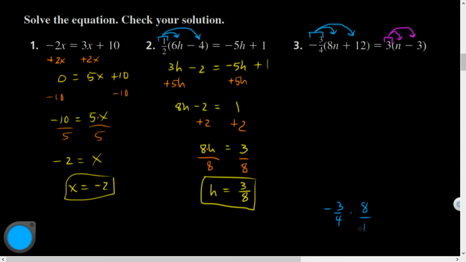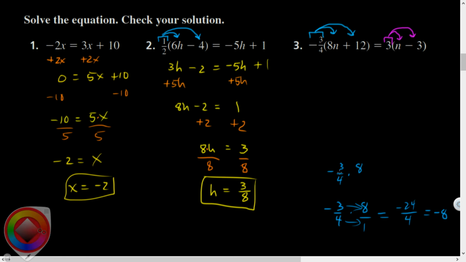-3/4 times 8. One way you could do this is multiply across and then divide. So that would be -24 divided by 4 is -8. I think an easier way to do this is, instead of multiplying first, since multiplying makes numbers bigger and dividing makes numbers smaller, if I can make numbers smaller first, that sounds good to me.